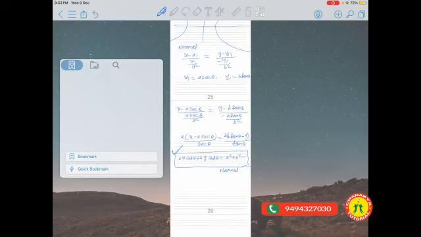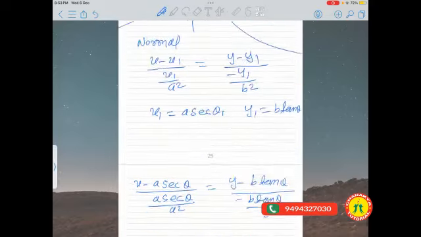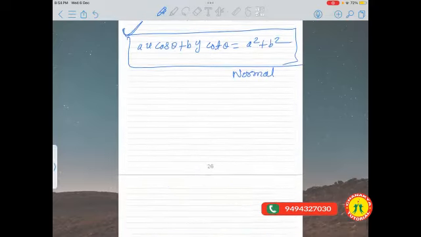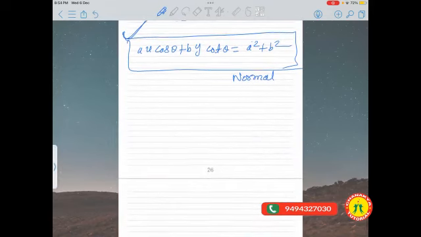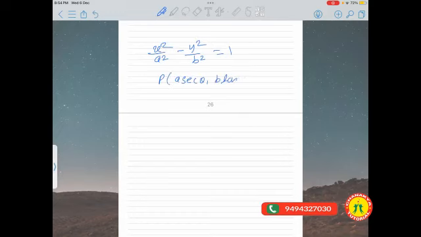If you don't know the formula for any curve, as I have told you, for any curve you can find the tangent and normal by differentiating to get the slope and the point. Like for this question, if you want to do it by differentiation, x square by a square minus y square by b square equal to 1, we can find the normal equation at a sec theta, b tan theta by differentiating, getting the slope at the point and writing the normal equation.